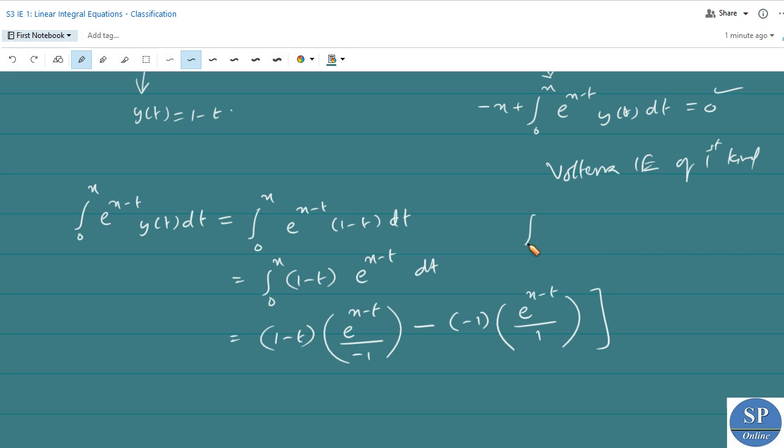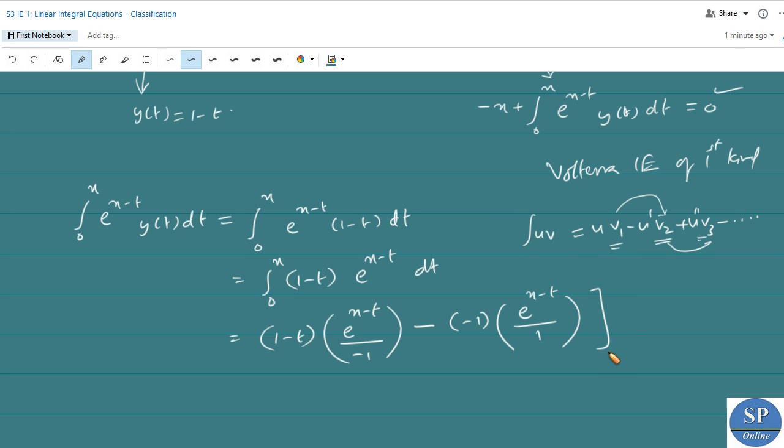We have the integral of uv is equal to u into v1 minus u dash into v2 plus u double dash into v3 minus etc., where u dash, u double dash etc. are the differentiations, and v1 is the integral of v, v2 is the integral of v1, v3 is the integral of v2, etc. So this is the generalized rule of integration by parts.